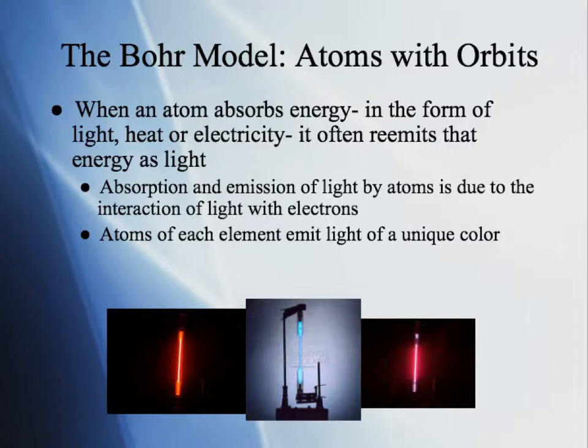So when you are doing flame tests, which you will actually do again this year, you're basically playing or messing with the electrons in the atoms. All right, so atoms of each element emit light of unique colors. Here is the emission of hydrogen. Here is mercury.